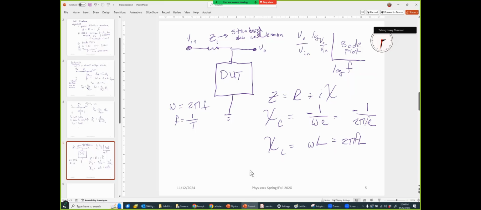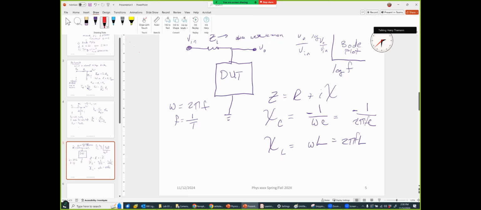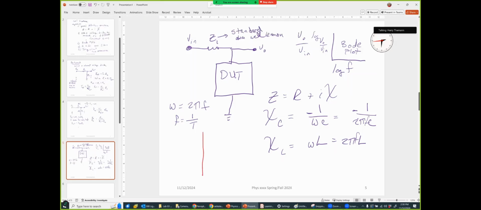So, just as a little bit of a glimpse of next week, in principle, you guys know about the complex plane, real and imaginary.